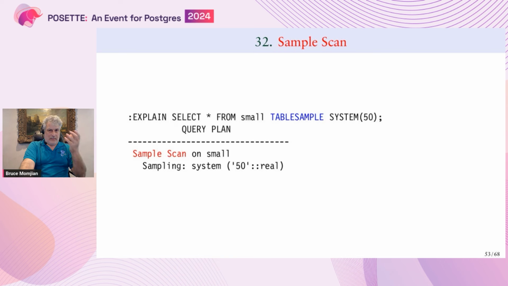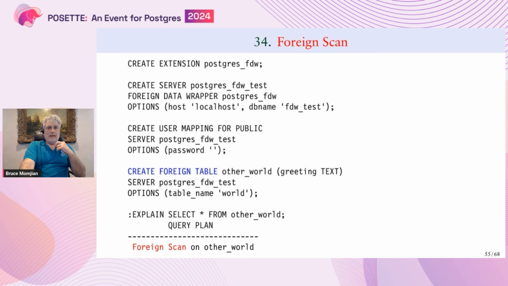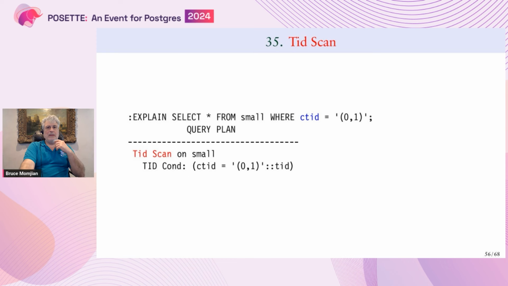If you're doing a sample scan, a TABLESAMPLE, we have a special node for that. If you're doing XMLTABLE, we actually have a special node just for XMLTABLE because the syntax, as you can see, is really unusual. If you're using foreign scans, we have the capability of doing that.